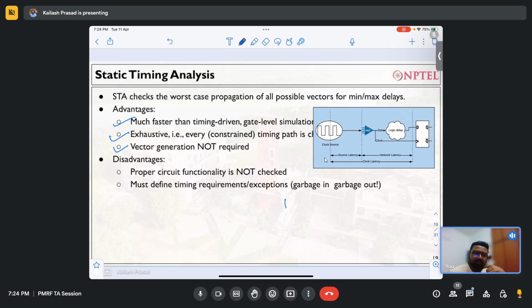The main disadvantage is that proper circuit functionality is not checked. Why? Because you have not provided input, you are only checking output. So that's the reason the circuit functionality is not being checked. And if there are some exceptions, you have to explicitly take care of them. We will see what kind of exceptions I am talking about.